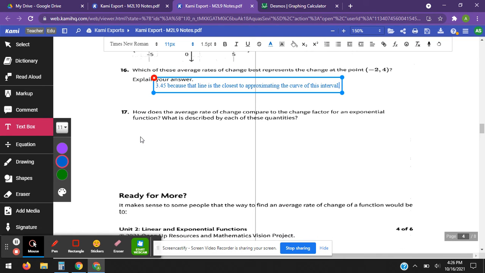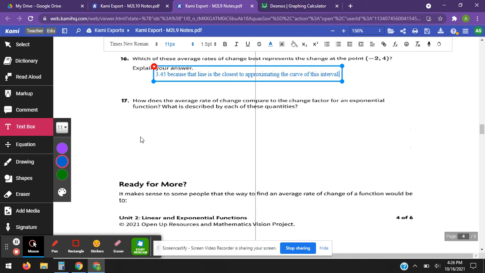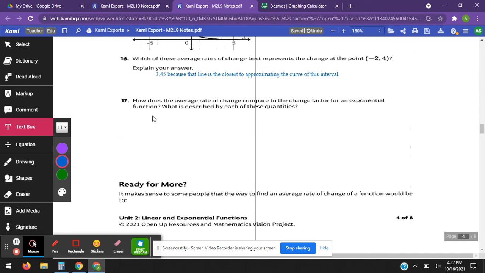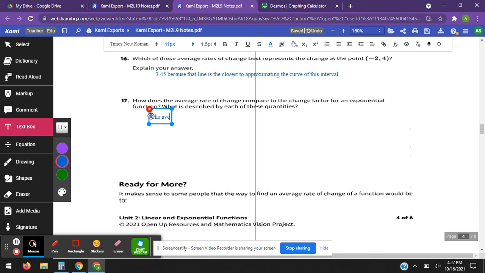All right, so how does the average rate of change compare to the change factor for an exponential function? What is described by each of these quantities? So the change factor is your common ratio. So how does this compare to the common ratio? Average rate of change is not the same as the change factor.